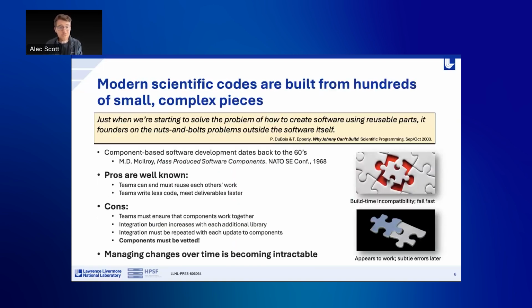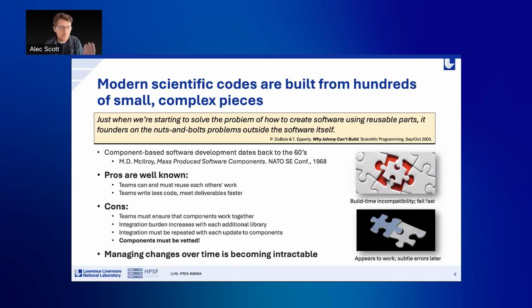As everyone here is probably well aware, modern scientific codes are not uniform pieces of software that cover everything all the way up the stack, right? We are really not well vertically integrated, and that's a good thing. We make use of many, many different libraries, and each of those libraries are scoped to a specific piece of physics, a specific piece of software, or numeric calculations.